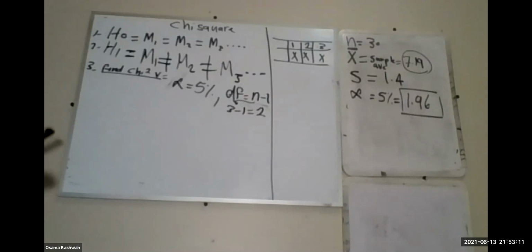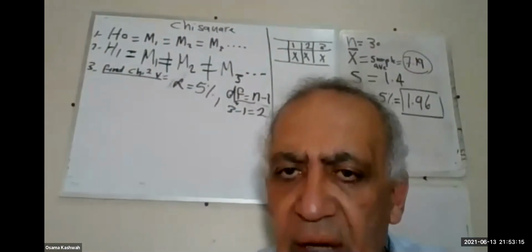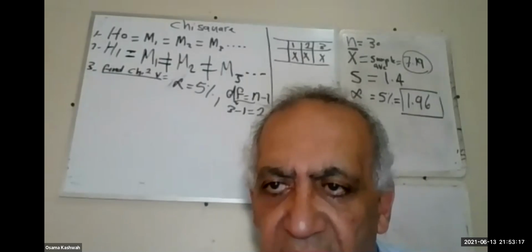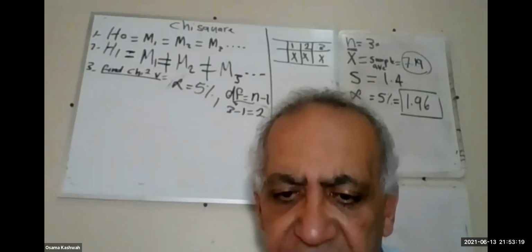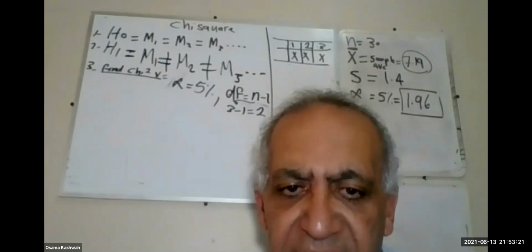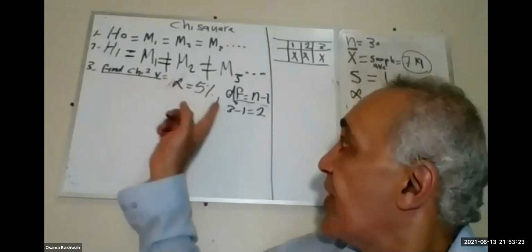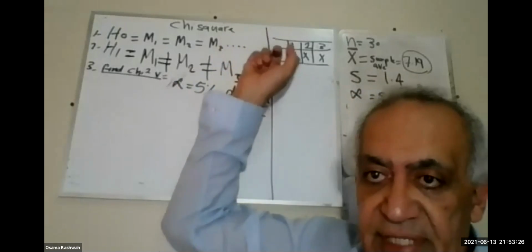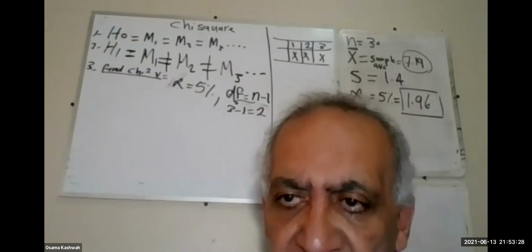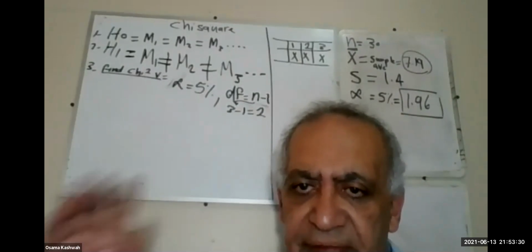That's how it works. So for the degree of freedom, I will see how many variables I'm having. I'm having 3 variables, because I have 3 columns. 3 minus 1 equals 2. Perfect.